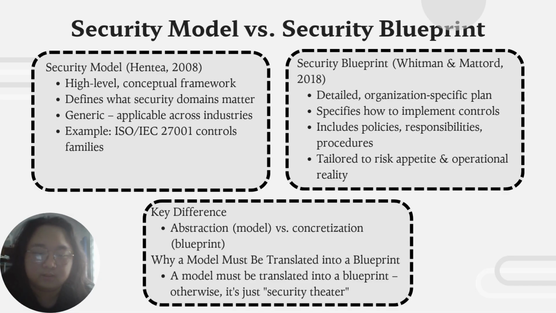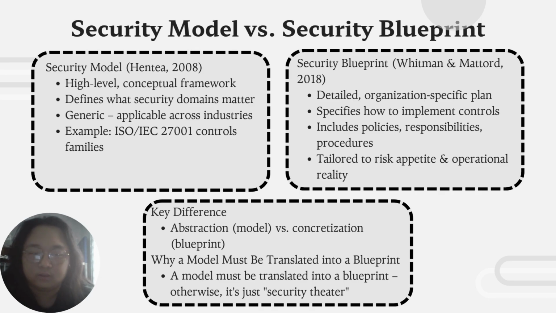But a security model is generic. It can be used by any company. It's helpful because it gives a good starting point, but also a problem because a generic model doesn't know the specific situation. So a model is really just a starting point, not a finished plan.